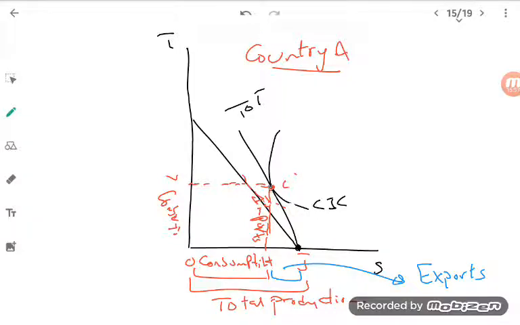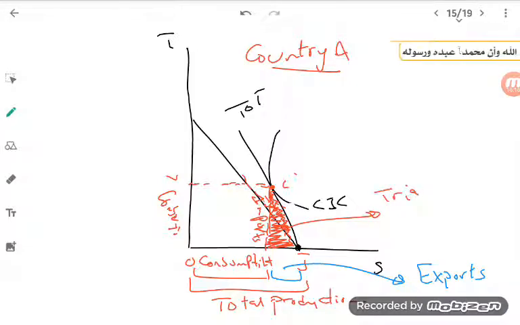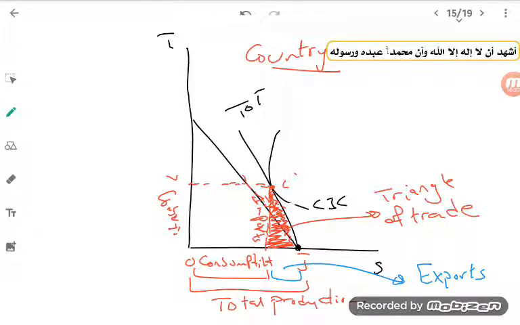So HI is imports, HJ is exports, JI is the international trade prices. So this triangle is known as the triangle of trade. Its sides are export, import, and TOT, or international trade price of the product.